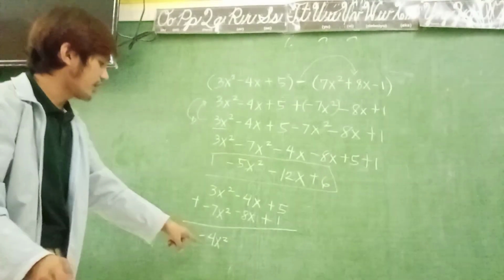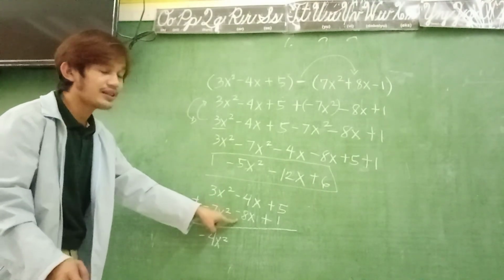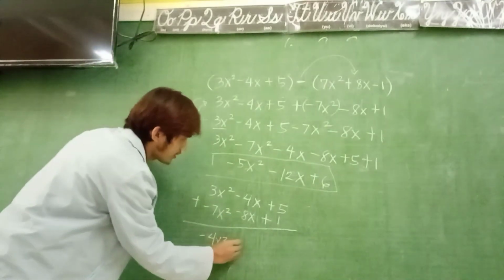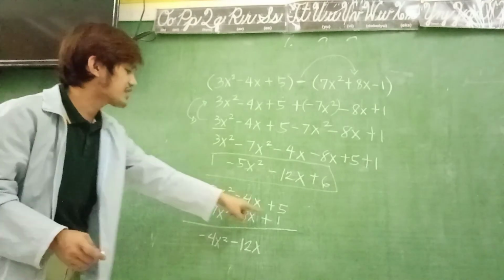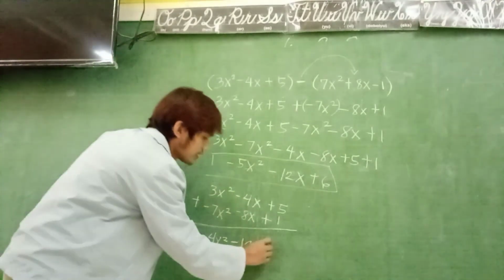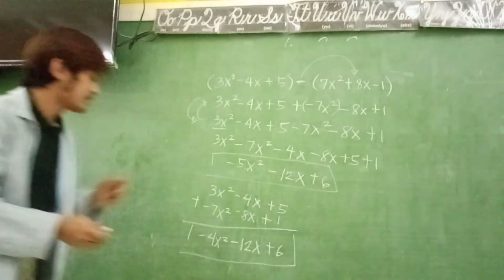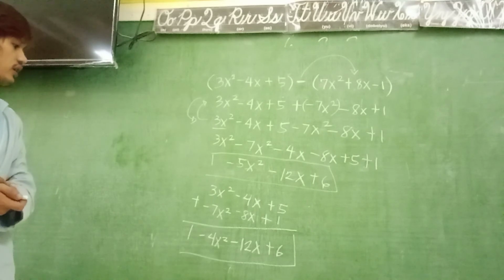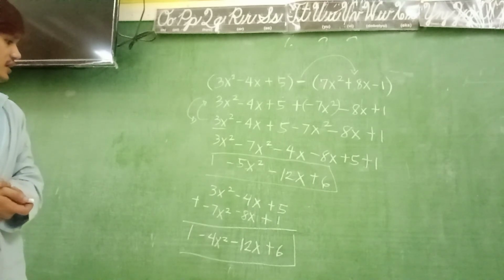So, negative 4x plus negative 8x, that will become negative 12x. And lastly, we have 5 plus 1 is 6. So, plus 6. So, the answer is negative 4x squared minus 12x plus 6.